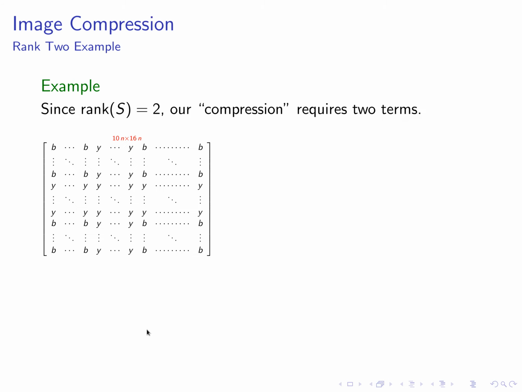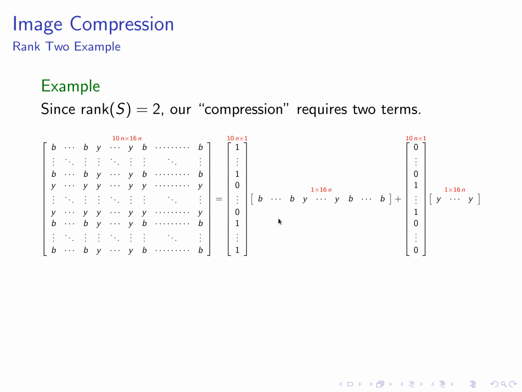So how can we apply our compression idea here? The situation is a little bit more complicated because the rank is larger than a solid red rectangle. A solid red rectangle is represented by a rank 1 matrix, whereas our Swedish flag is represented by a rank 2 matrix. Well, here's the idea. We can account for the 2 types of rows, compress those rows, and then add the 2 compressions together. So here we're looking at a sum of 2 factorizations.